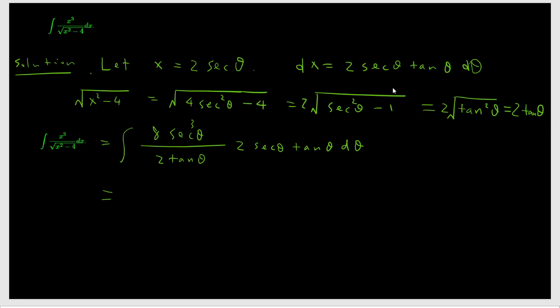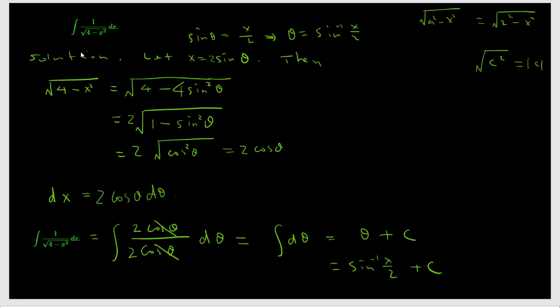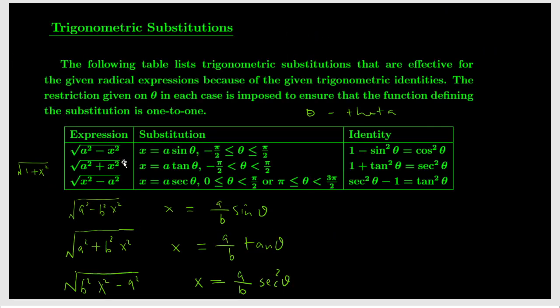I want to stop for now for this one. Later on, I will give you some more questions to show you the meaning. I think we have seen all the three cases, right? You have seen a radical like that, a radical like that, a radical like that.